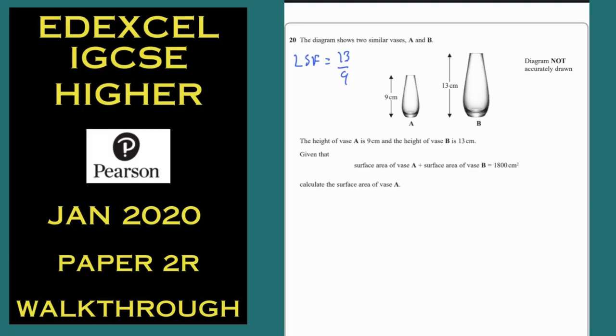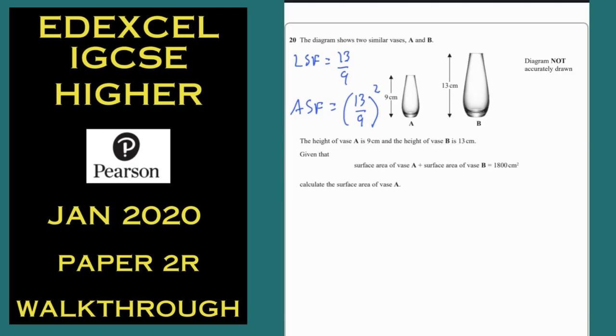So if we were doing the same in area, it means the length would multiply by 13 over 9, and the width, or any two dimensions you want to name them. The fact is the area scale factor is the linear scale factor squared.